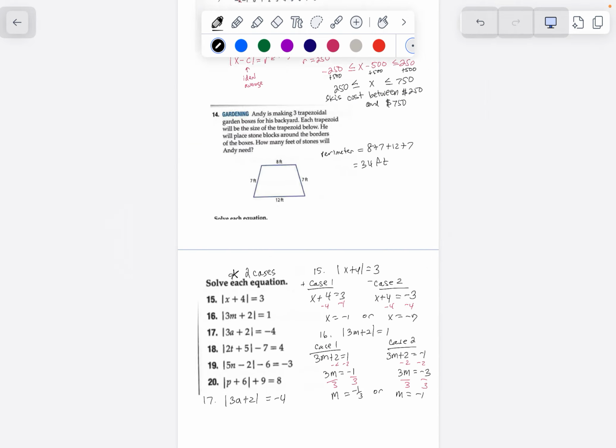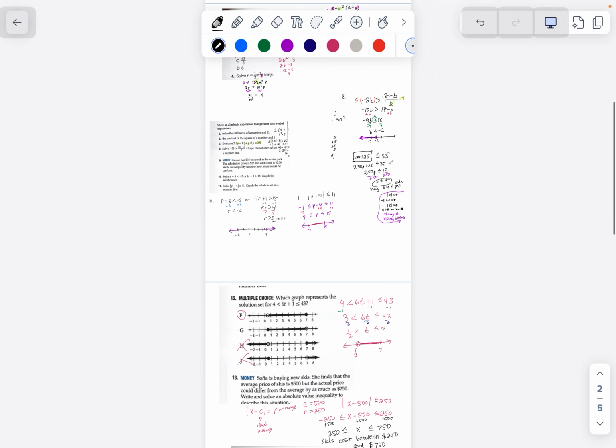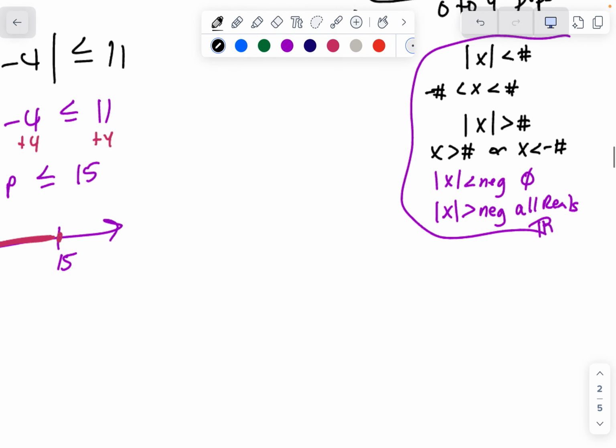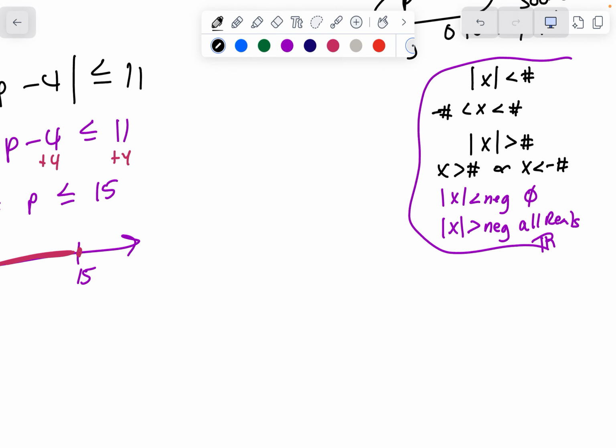Let's talk about 17. Earlier, I gave you some information about inequalities, okay? But if you have an absolute value equals a number, you set up the 2 cases. So that's a little note that you can study tonight.